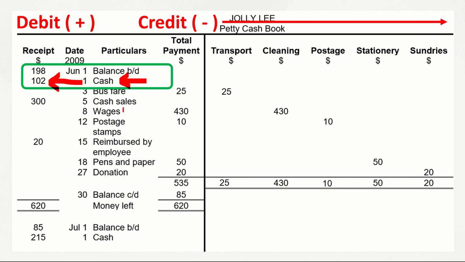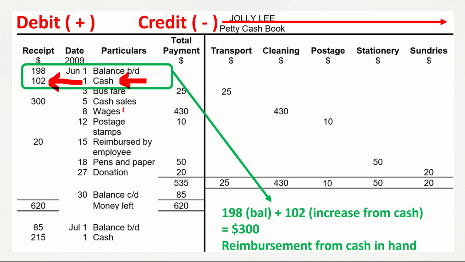Alright, so what is this $102? It's actually a reimbursement. It's a restoration of the petty cash imprest amount. So how do I calculate that fixed amount that I spoke about earlier?